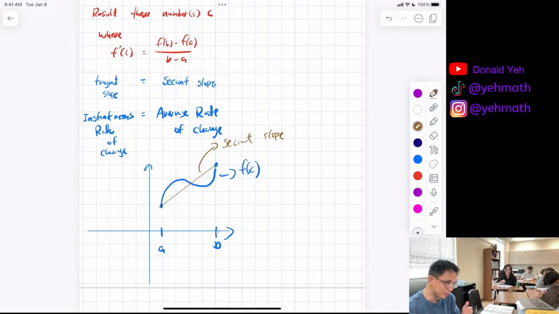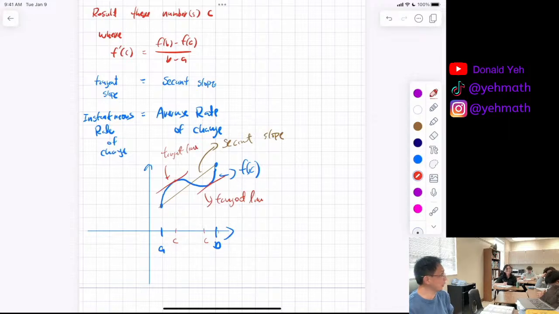So what mean value theorem says, secant slope is equal to tangent slope. Somewhere around c here and c here, this has the same slope as this. The red line has the same slope. So this is a tangent line, and this is a tangent line. So they're just asking where the c value has the same slope as the secant line.